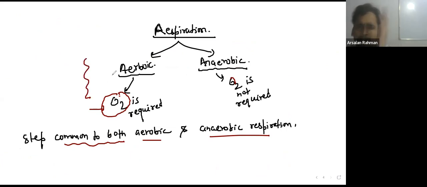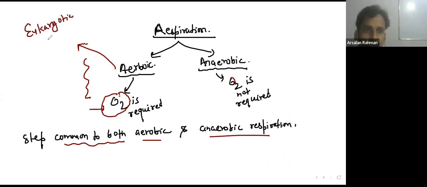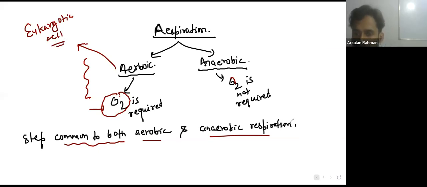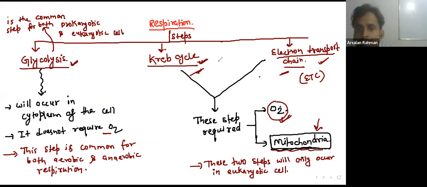I will dictate the difference between aerobic and anaerobic respiration in later classes. But for your sake, what is aerobic respiration? That respiration which requires oxygen. What is anaerobic respiration? That respiration which does not require oxygen. So aerobic respiration will only occur in eukaryotic cells, because eukaryotic cells contain mitochondria, and for aerobic respiration we require oxygen, and in mitochondria we have the Krebs cycle and ETS.